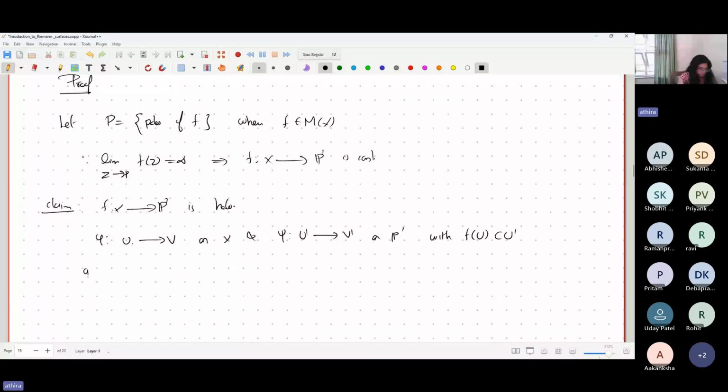We have to show that G, psi composed with f composed with phi inverse from V to V', is holomorphic.